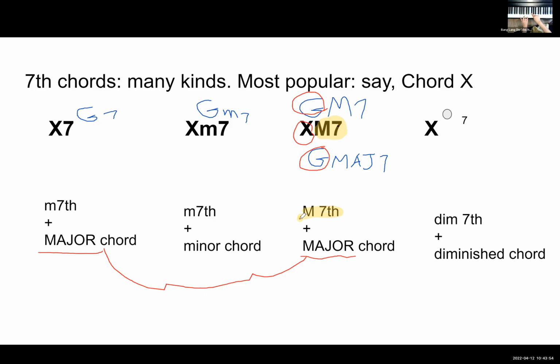If you want your song to sound a little bit jazzy, add a major 7 chord at the end of the song instead of just a simple G. You know, it adds this element of being suspended. So again, when you're seeing the big M there next to the 7, the M accompanies the 7th. It doesn't accompany the letter or the name of your chord.